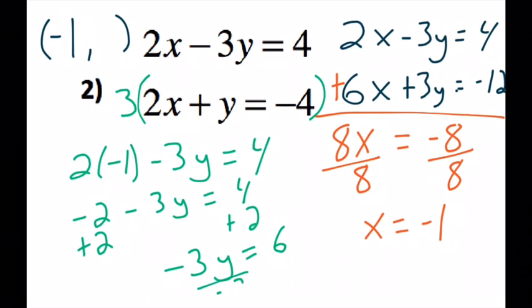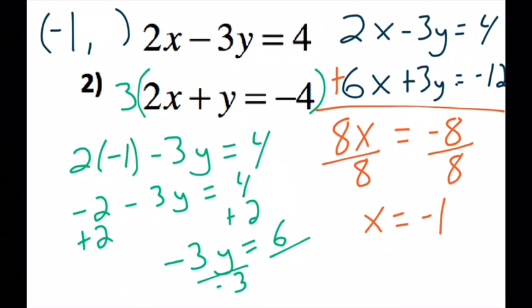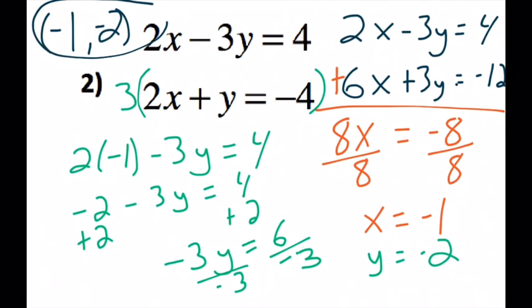Divide both sides by a negative 3. And I get that y equals negative 2, which is the same answer I got in the previous problem. So the point they have in common, the point where they would cross if I was to graph them, is negative 1, negative 2.